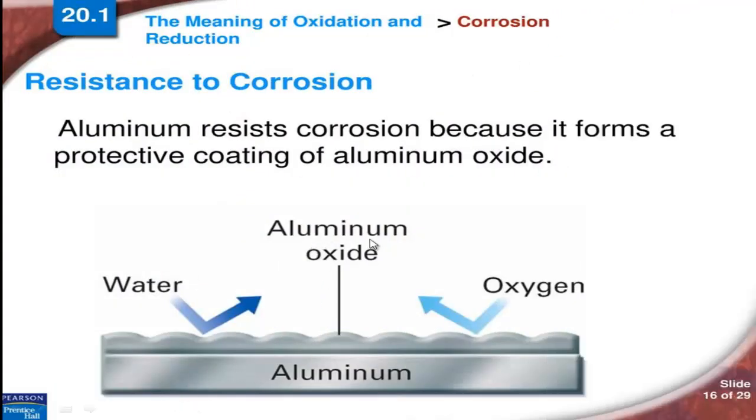When aluminium oxide forms on the surface of the aluminium substance, it forms a barrier and resists the aluminium from reacting with water and oxygen. For this, further corrosion of aluminium does not occur. So aluminium is corroded or decayed the first time, but it does not continue. It is not a continuous process like iron.